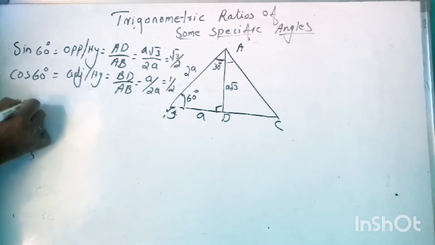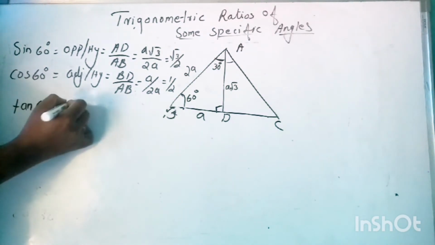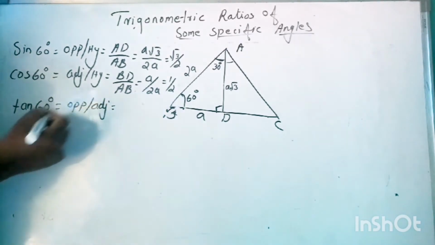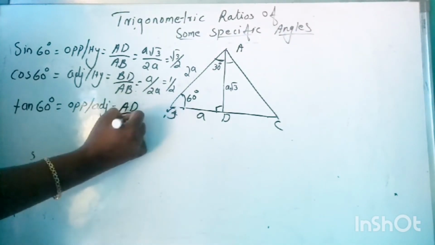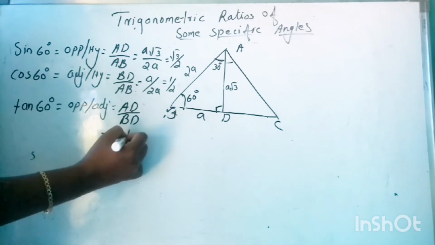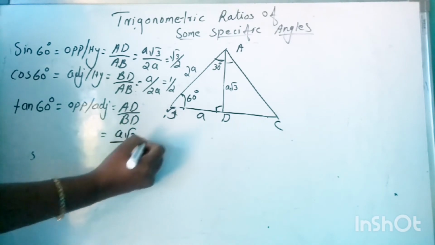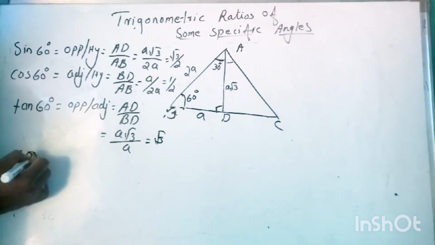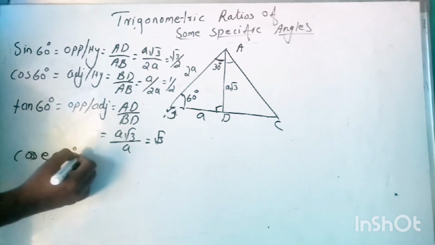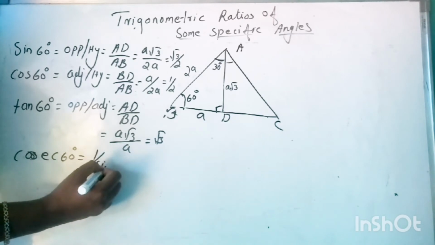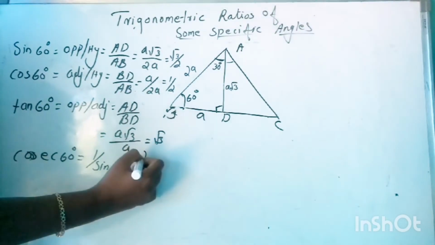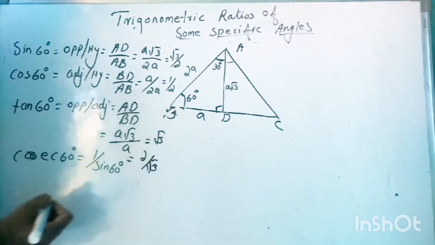Now tan 60 degree is opposite side divided by adjacent side, that is AD divided by BD. AD is A root 3, BD is A, so we will get root 3. Now cosec 60 degree is the reciprocal of sine 60 degree, which is root 3 by 2. The reciprocal is 2 by root 3.